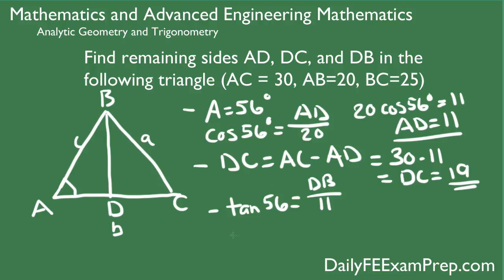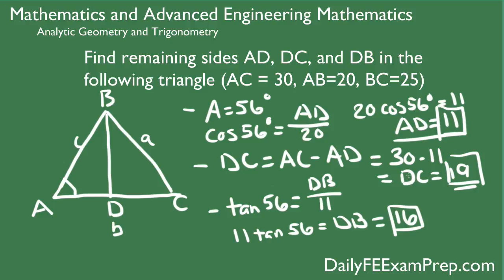That is going to be 11 tangent 56 equals DB, which equals 16. So our three sides are AD is equal to 11, DC is equal to 19, and DB is equal to 16.